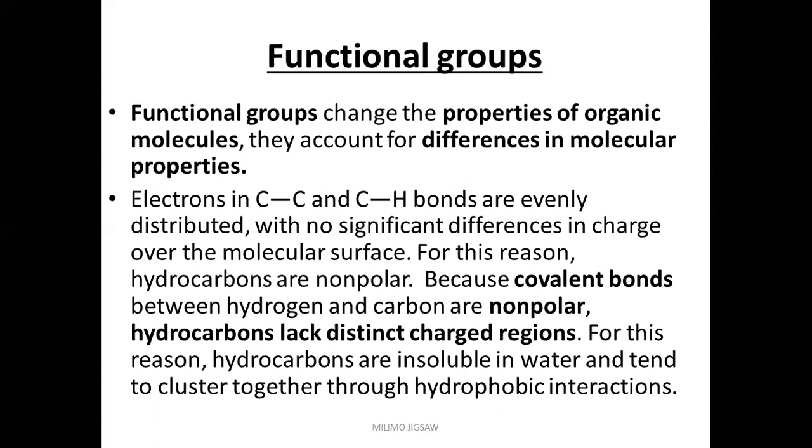Now, those hydrocarbons are non-polar because of the covalent bonds that form between hydrogen and carbon. So they lack distinct charged regions that are able to react with water. So hydrocarbons tend to be insoluble in water.